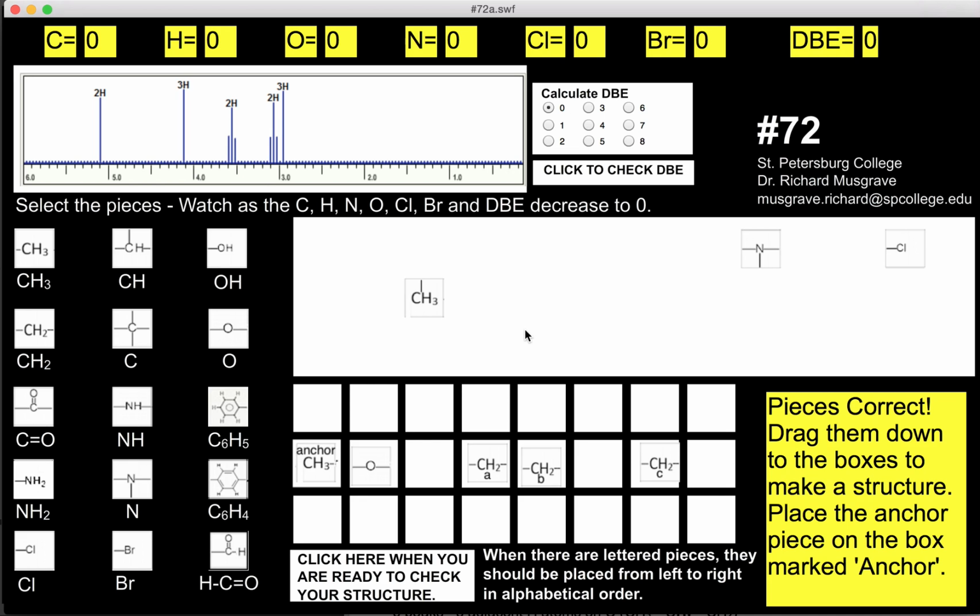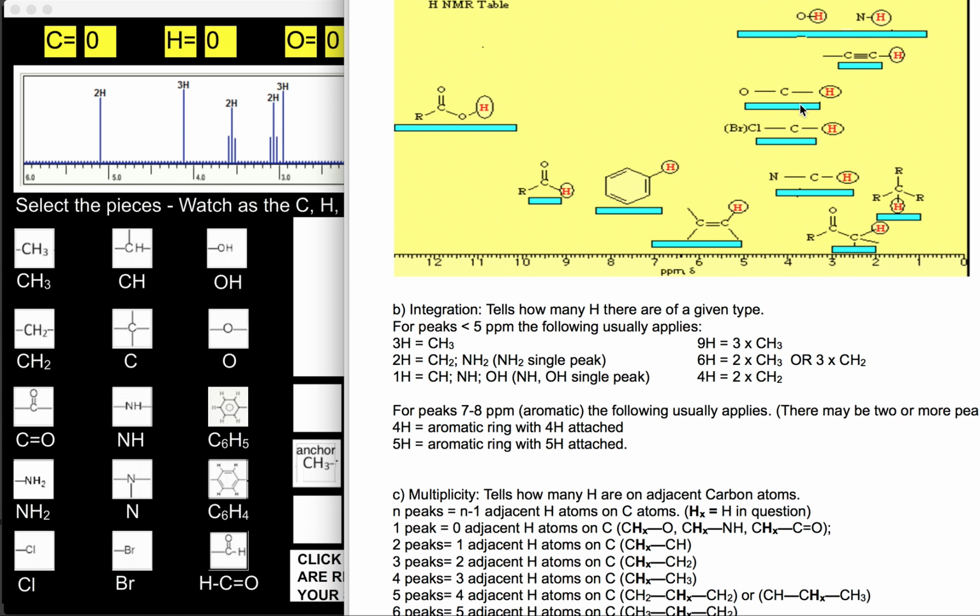Now what I can see is that this CH2 here is at 5 ppm. That generally indicates that we've got something that's connected to a couple of electronegative groups. As I said earlier, things connected to oxygen usually appear around 4, but when you've got 2 electronegative groups attached to an atom, it generally tends to move things downfield even further than what you'd expect.